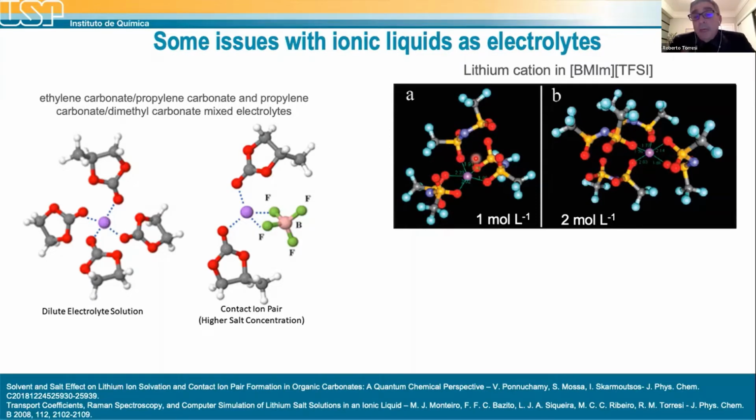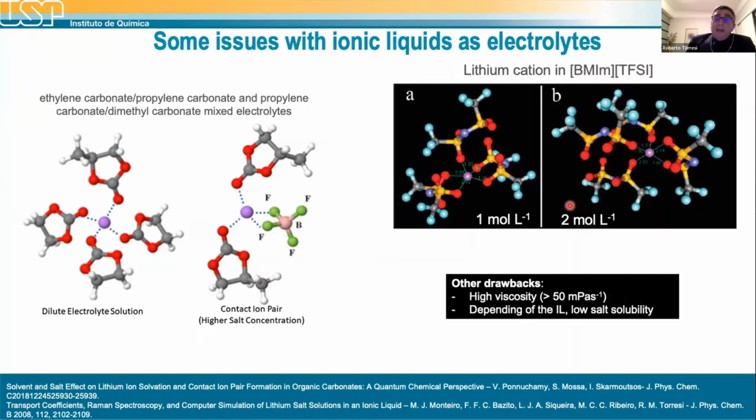This means that the solubility of the salt in this ionic liquid depends on the capacity of the anion of the ionic liquid to coordinate the lithium salt. And the way that the anion coordinates the lithium also depends on the lithium concentration.